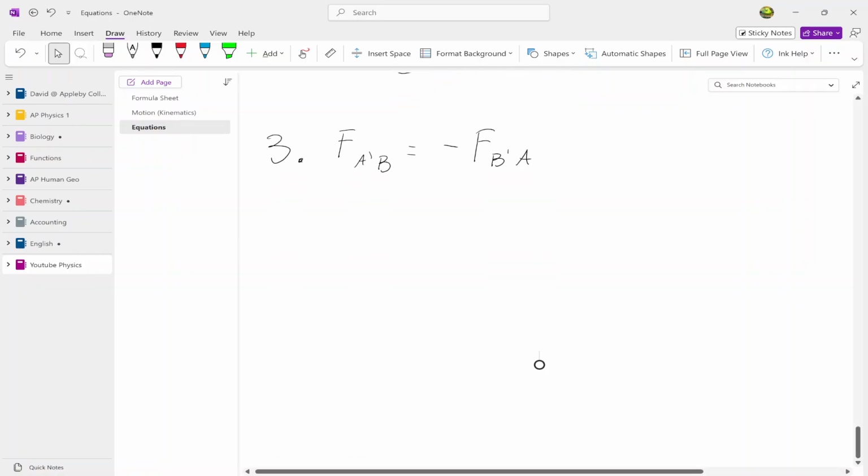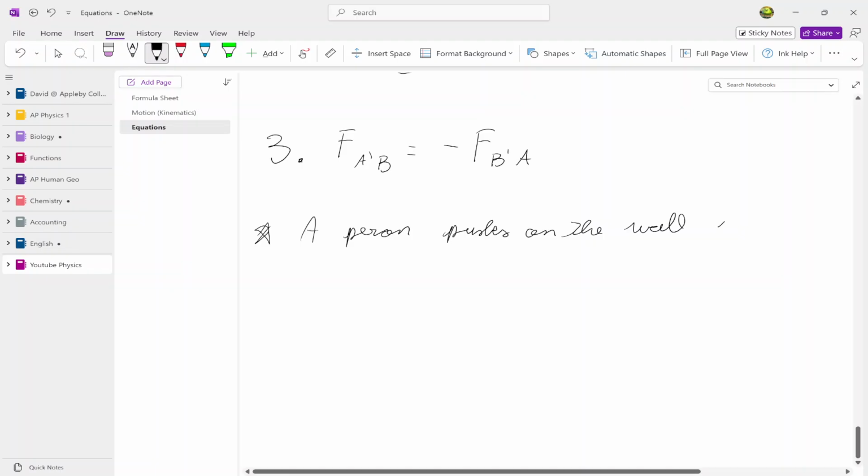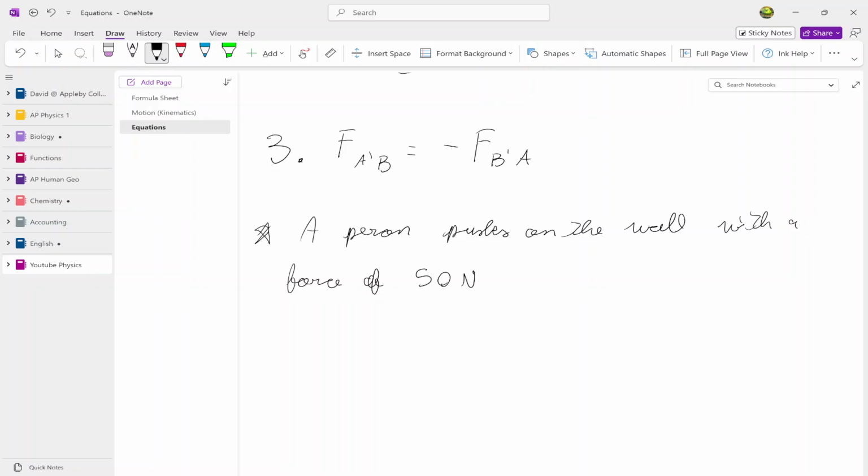Let's just do one question, because this one's quite similar. Let's say a person pushes on the wall with a total force of 50 newtons.